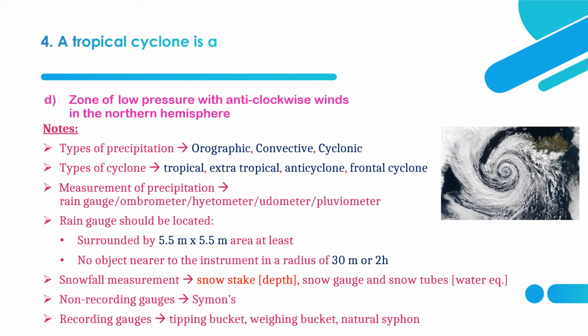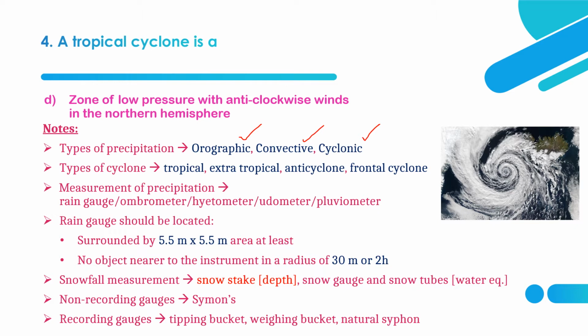So let's see more about precipitation and cyclones. There are three types of precipitation: orographic, convective, and cyclonic. Orographic precipitation occurs when a moist air mass gets lifted up to a higher altitude, so it occurs in mountain or hillside regions on the windward side. On the leeward side it will be dry, with very little precipitation.